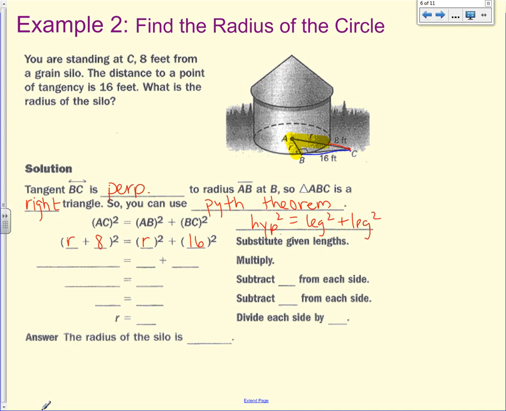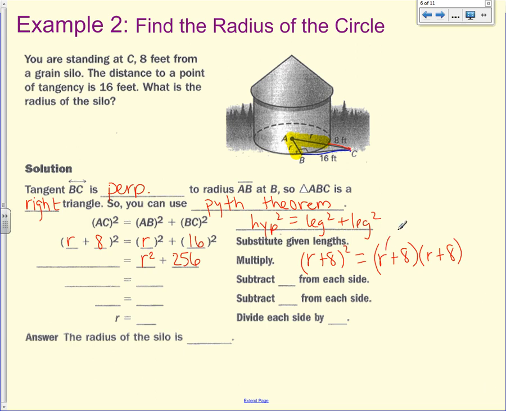Now it says to multiply. On this right-hand side, r squared is pretty easy, and 16 squared I can do on my calculator. It's 256. But what I have to figure out is how to take r plus 8 and square that. Let's think back to Algebra 1. r plus 8 squared means r plus 8 times r plus 8. That's what it means to square something, to multiply it by itself.